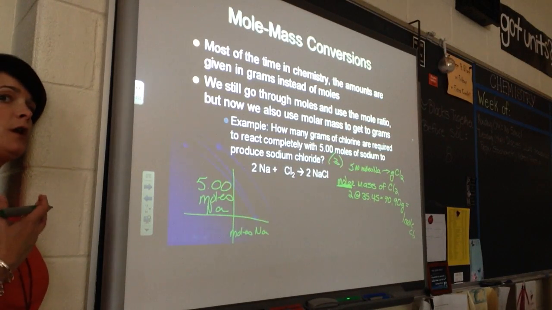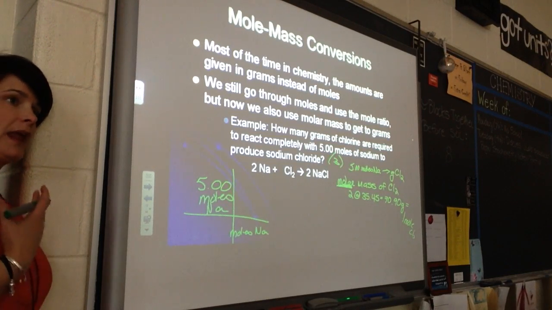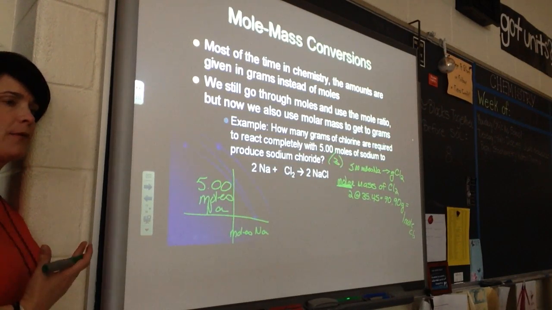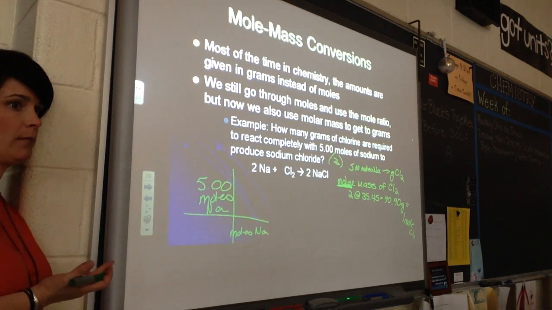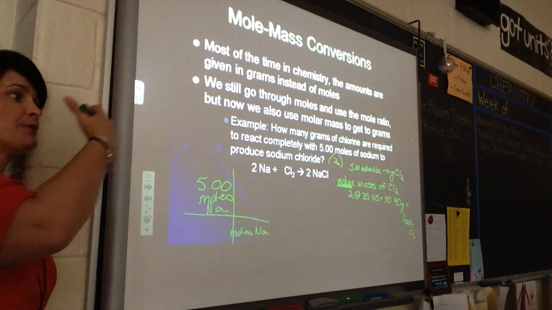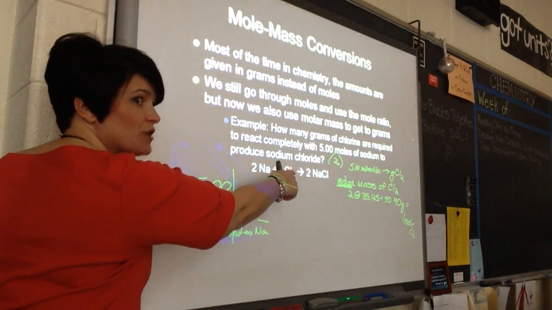Listen to my words. The only way ever to begin a problem talking about one substance, in this case sodium, and end up talking about another substance, in this case chlorine, because that's the question, how many grams of chlorine?